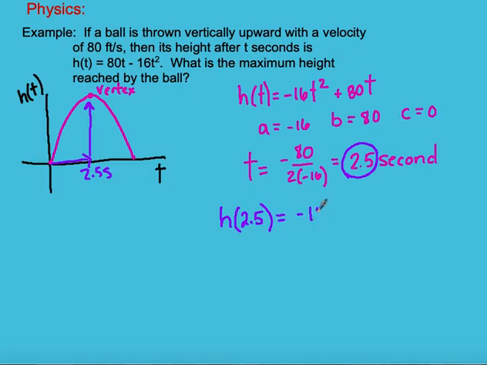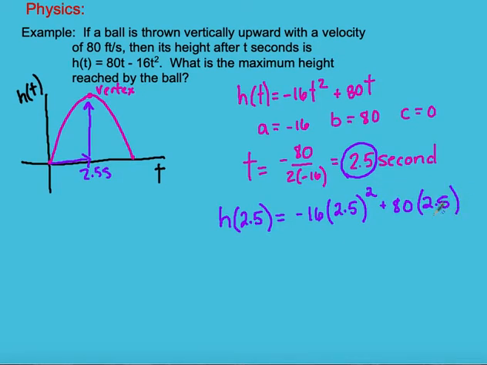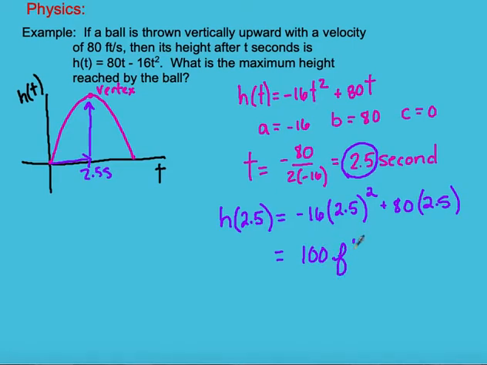So I'm going to replace my t's with 2.5 seconds because that's where I am actually looking for the height. When I calculate that, I have 2.5 squared times negative 16 plus 80 times 2.5, and that gives me roughly 100 feet.